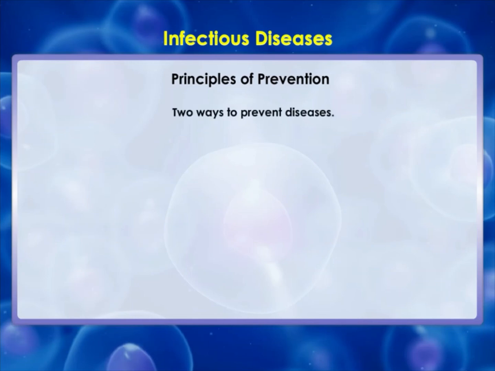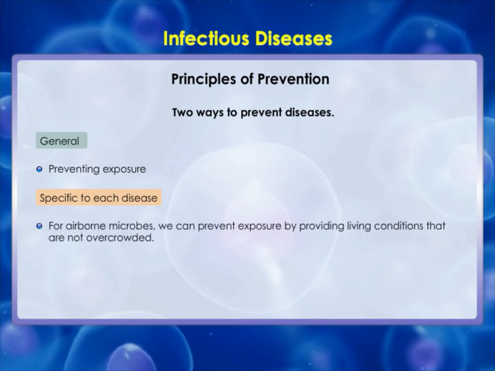There are two ways to prevent diseases, one general and one specific to each disease. The general ways of preventing infections mostly relate to preventing exposure. If we look at the means of their spreading, we can get an answer as to how to prevent exposure to infectious microbes. For airborne microbes, we can prevent exposure by providing living conditions that are not overcrowded.